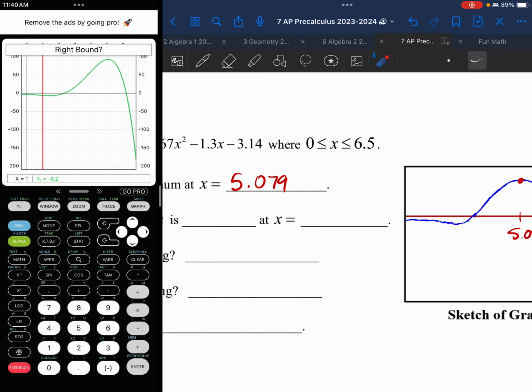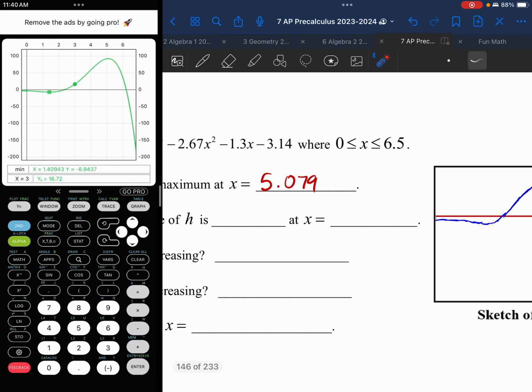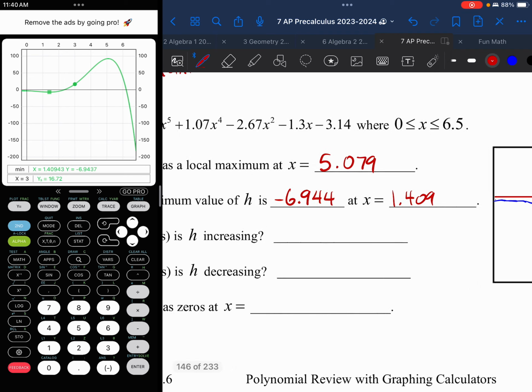That's going to happen at the x-coordinate 1.409. But it's also asking, what is the height? This is asking for the height here, and that's the y-coordinate that you're seeing listed right next to the x-coordinate. The y-coordinate here is -6.944. It was a 3, but I rounded the 3 up because it's followed by a 7.